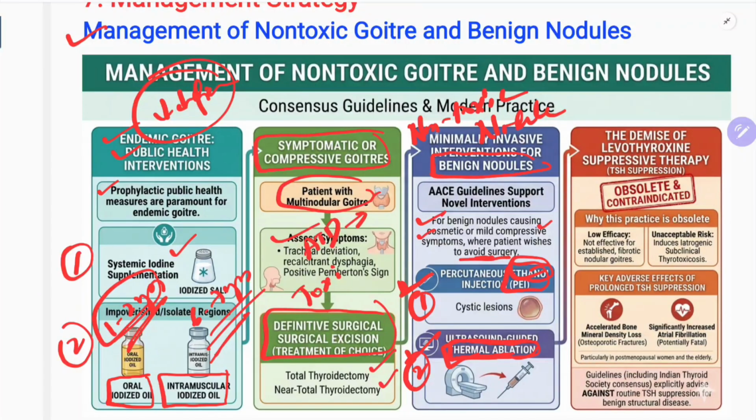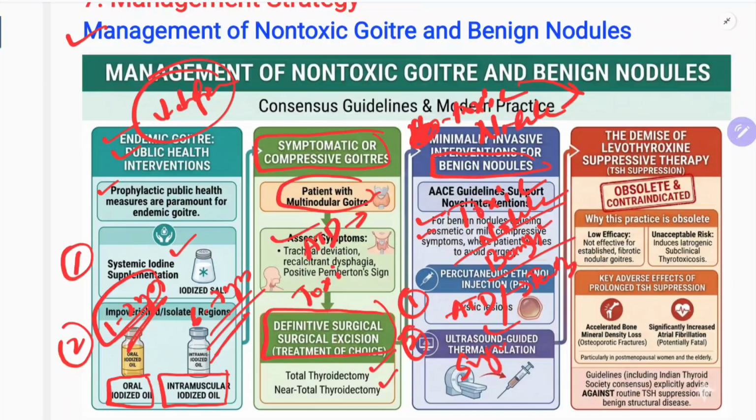Now again, if it is toxic, then you can't proceed with these two things. If it is a toxic nodule in the benign category, then first you should bring it to the euthyroid state by giving ATD, and then you need to do surgery.